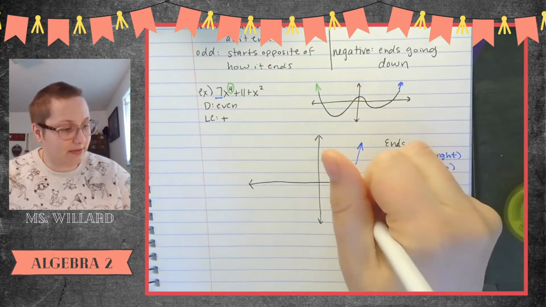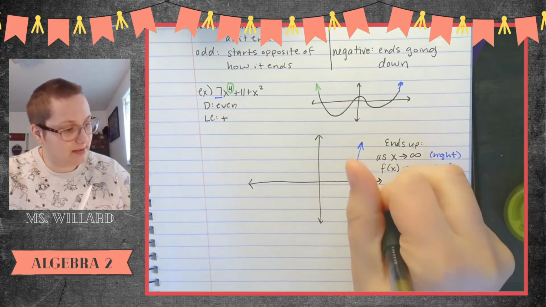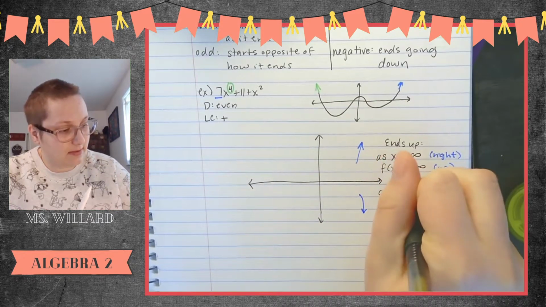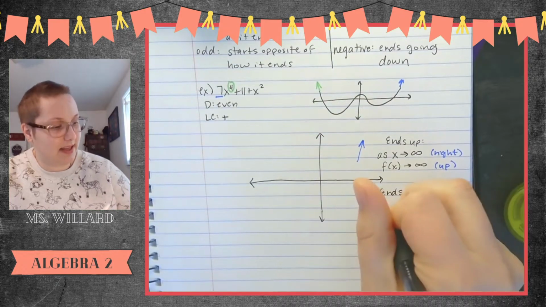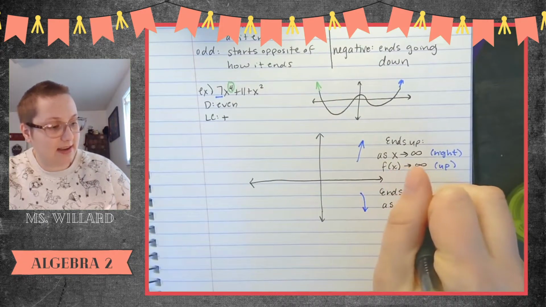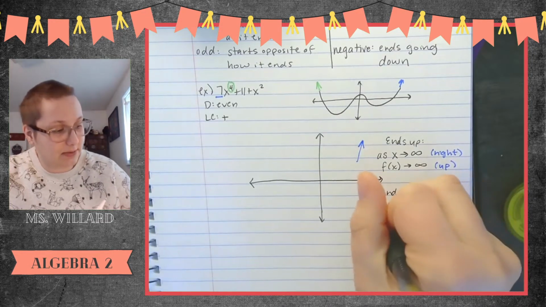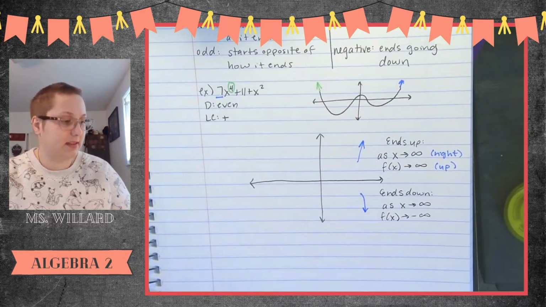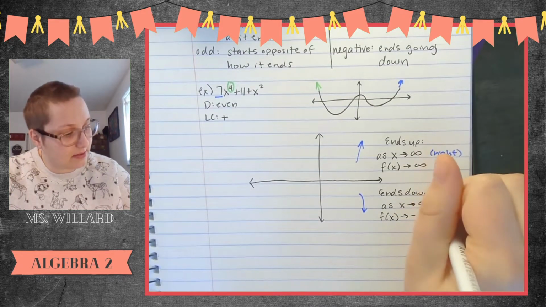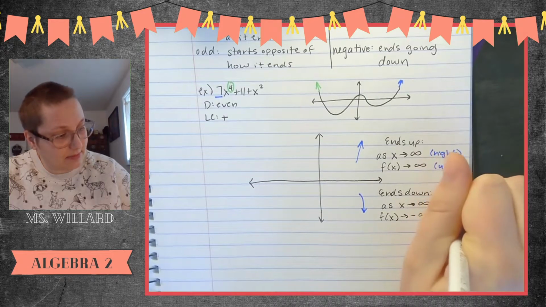What if I had a negative lead coefficient? My graph would go down after everything, right? Here's this version of it. I would say that as x is still going to the right, but the graph is going down, f of x goes to negative infinity. So this is to the right, but this says down.